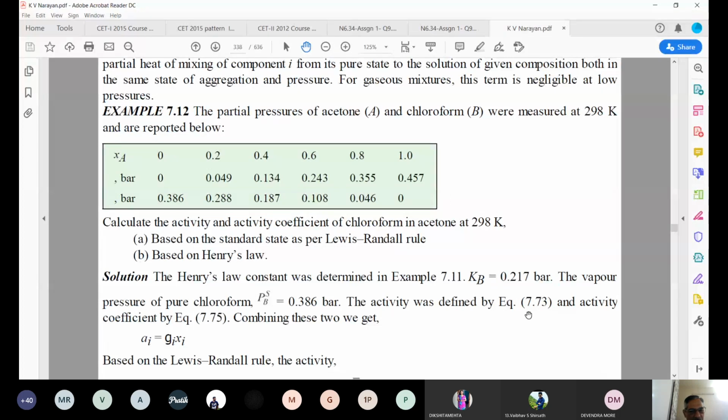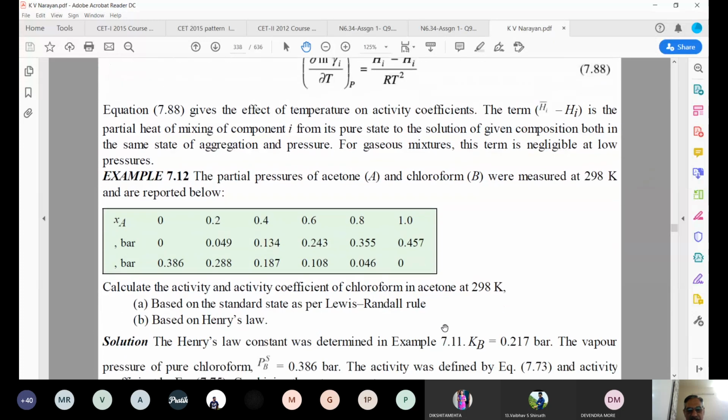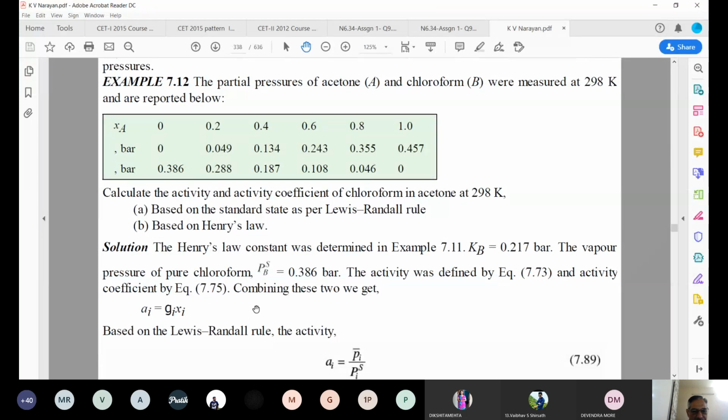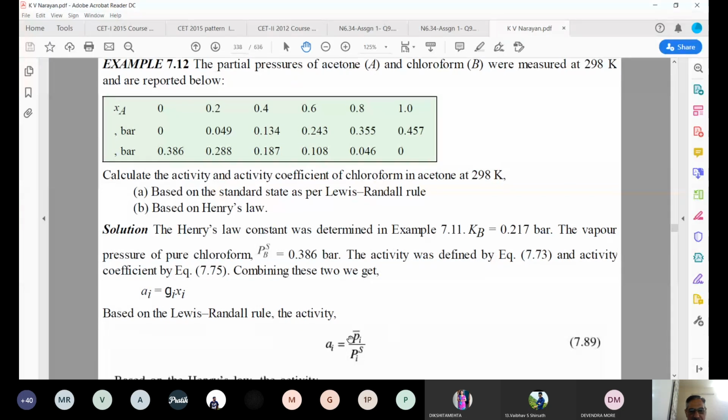Activity was defined by equation 7.73. So what we had seen is equation 7.73 में, ठीक है, ये equation यही दिया है इसमें. This is gamma actually. Ai is equal to gamma xi है. Right? And based on Lewis Randall rule, Ai is nothing but pi bar by pi s. ये भी देखा था हमने.